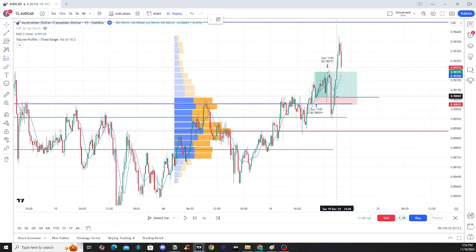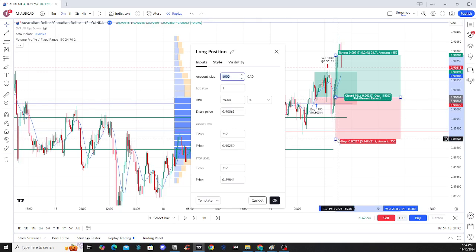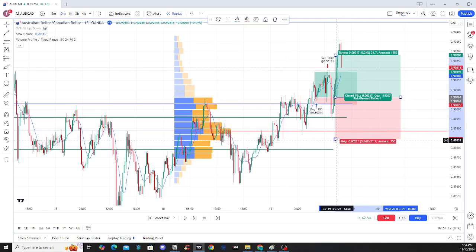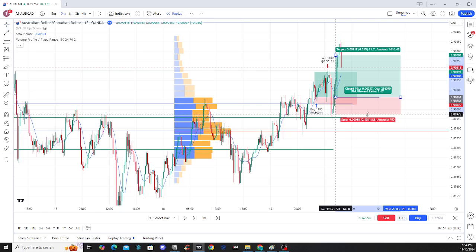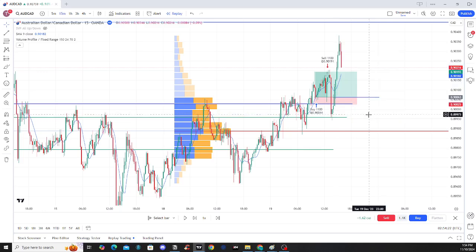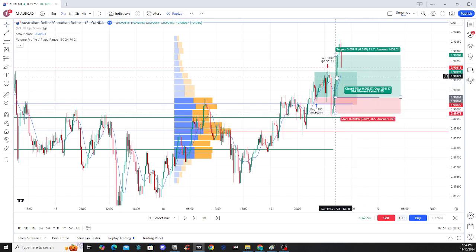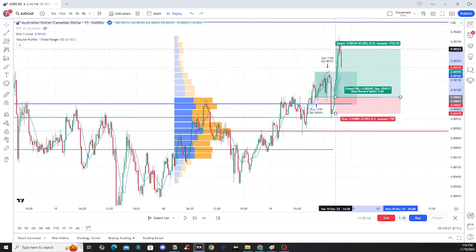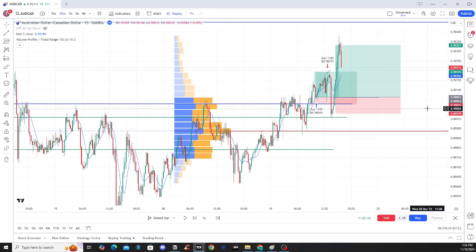And obviously, after that, you have the continuation. Not entirely sure if that is a trade I want to be taking, but I will test out the theory by just letting price run and see if I can get another entry at that point here.